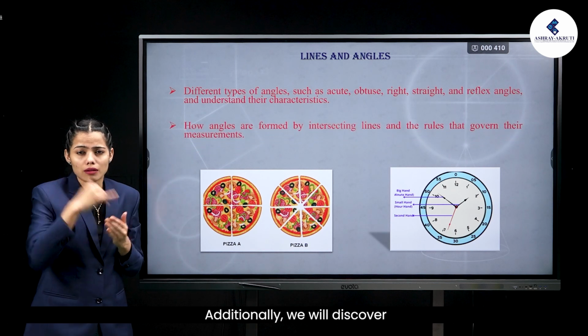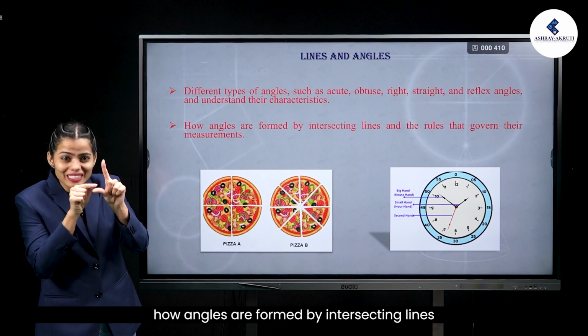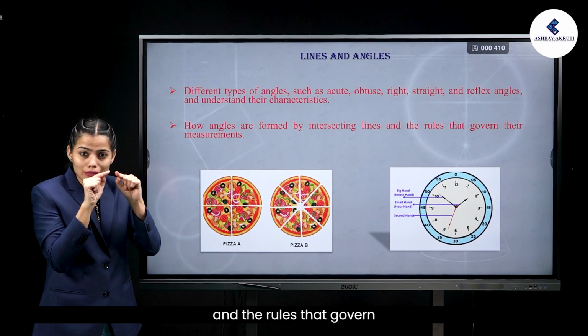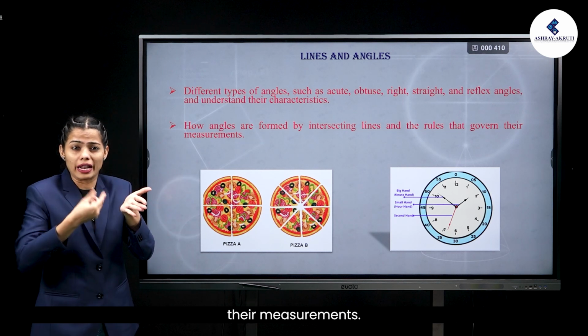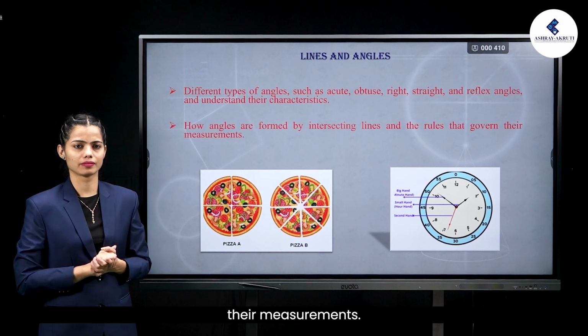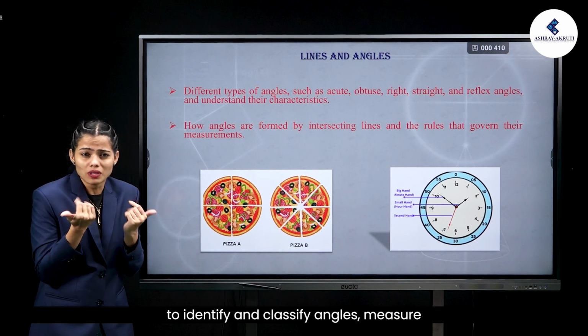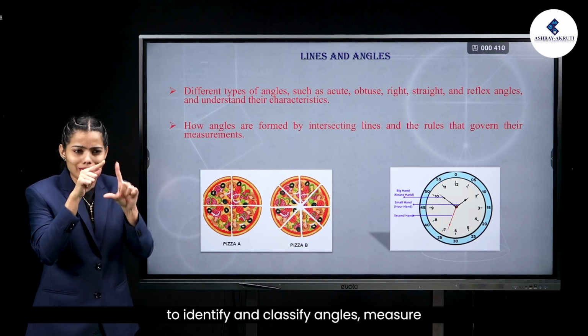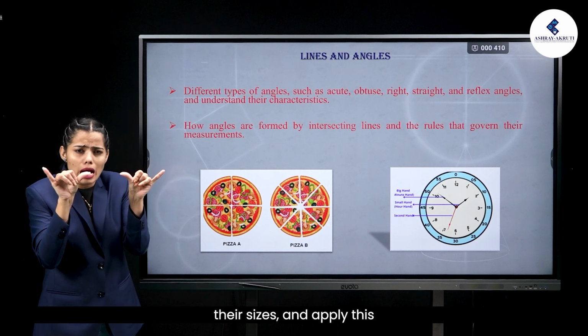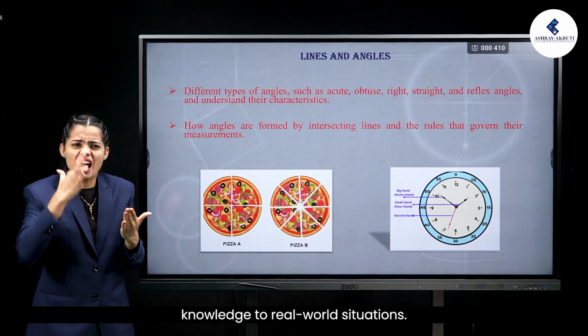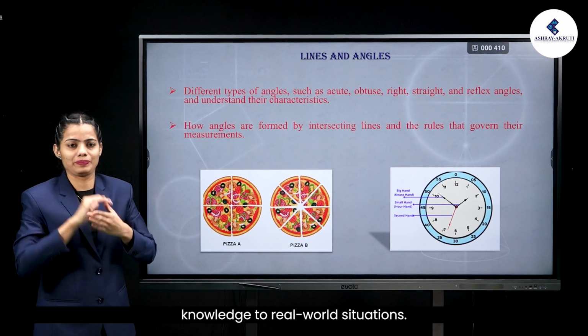Additionally, we will discover how angles are formed by intersecting lines and the rules that govern their measurements. By the end of the lesson, you will be able to identify and classify angles, measure their sizes, and apply this knowledge to real-world situations.